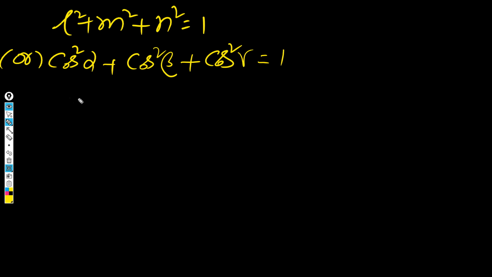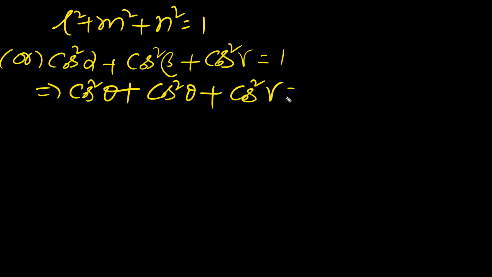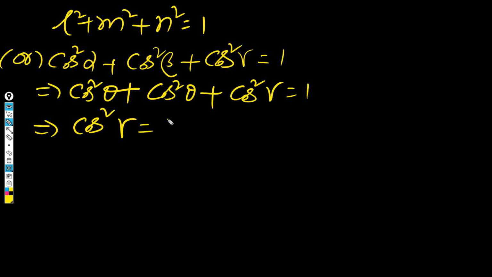This everyone knows. Now here, alpha, beta are given to be theta. So cos square theta plus cos square theta plus cos square gamma is equal to 1, which implies cos square gamma is equal to 1 minus 2 cos square theta.